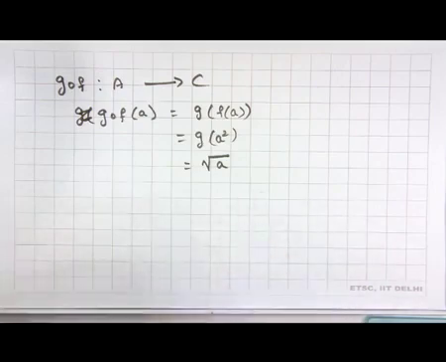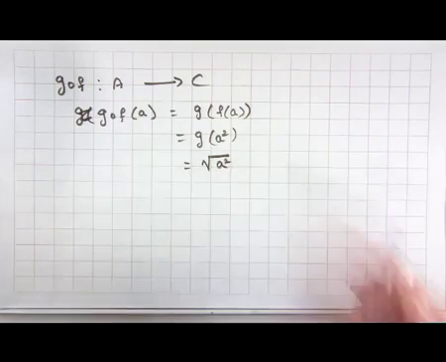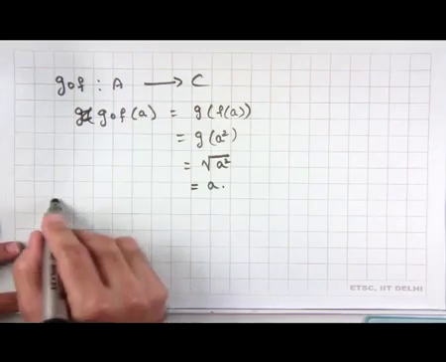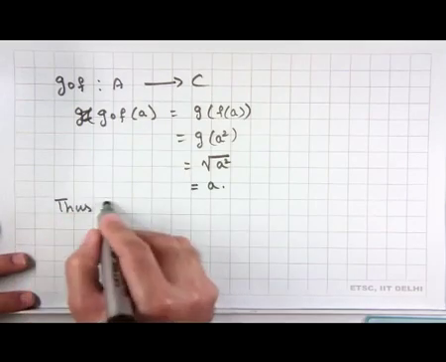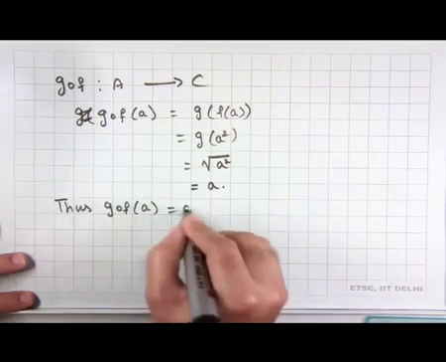Well, the choice of square root is only the positive square root, right, and therefore what you will have is square root of a square, which is going to be just a. Thus, g composed with f at a is exactly a.